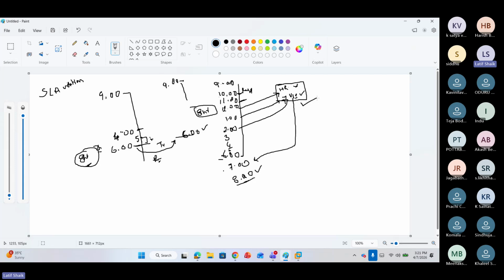SLA violation. What to do? Option one. In your internal notes, you have to specify that the request is sent to the specific team, waiting for the reply. You have to keep track of that in the internal notes. Verified. Again, we sent a request at 2 o'clock. Again, I sent a request at 3.